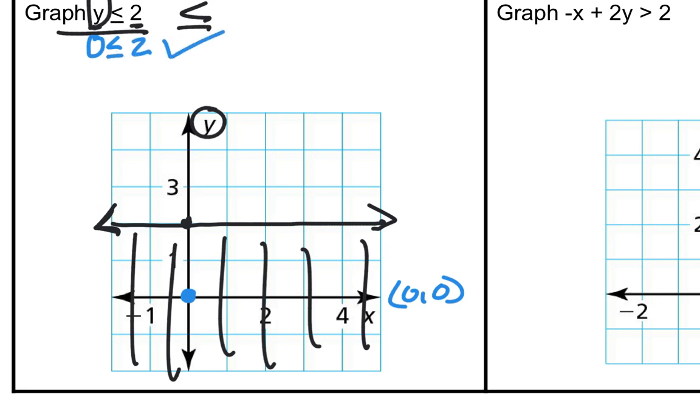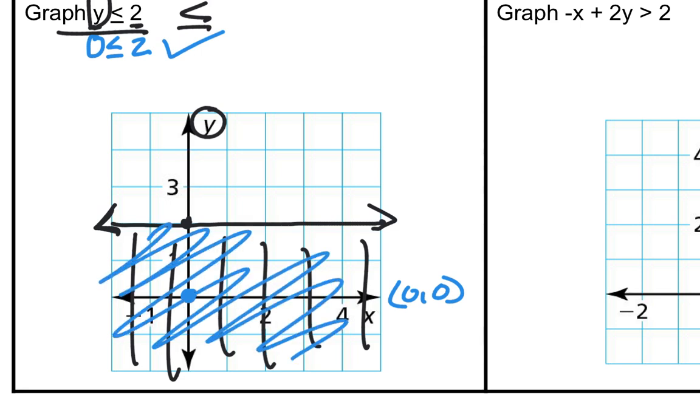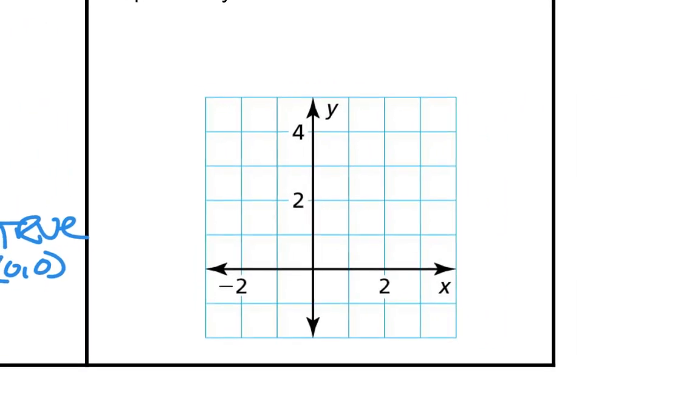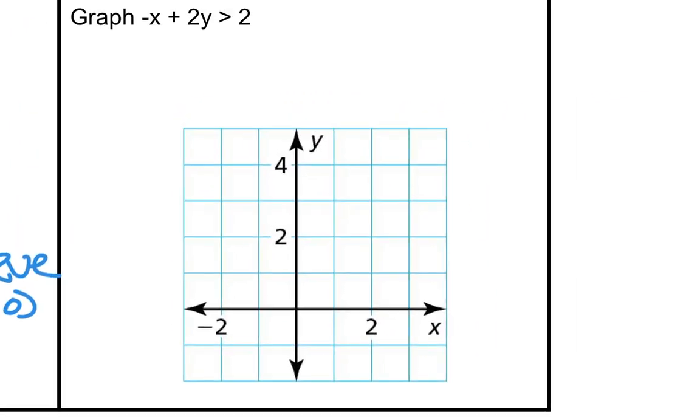Yes, it is. So that means, yes, this is a solution, and we always shade the side that's true. Okay, these are all true. And then also, it's underneath my line, so it's less than. But if you're not sure, you can always use that test point.